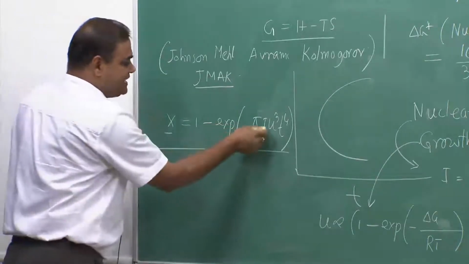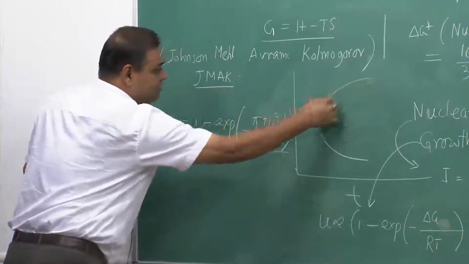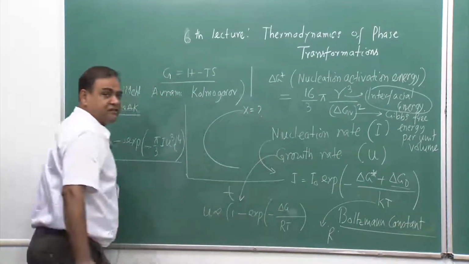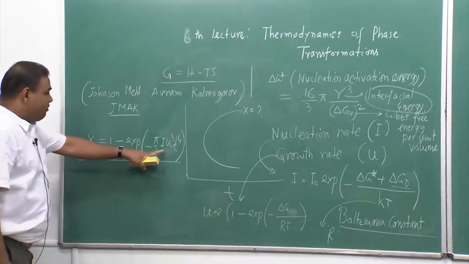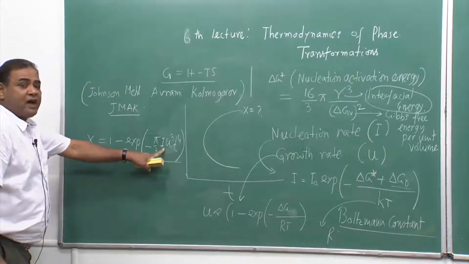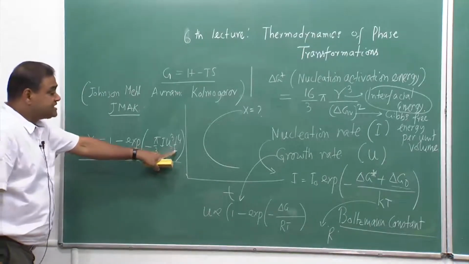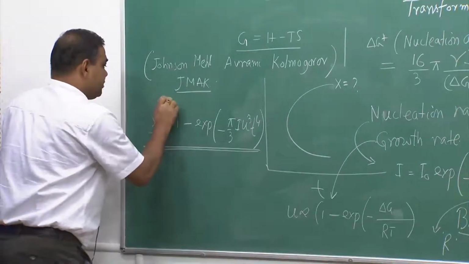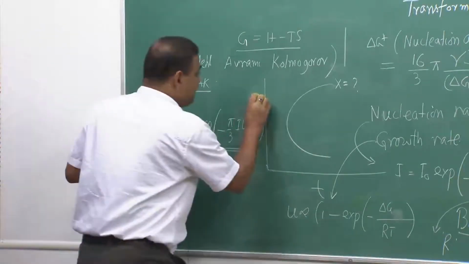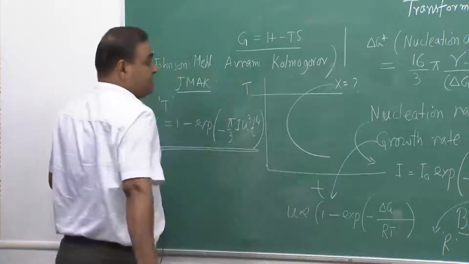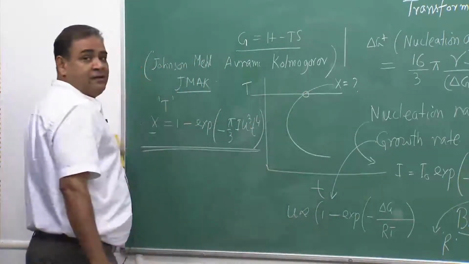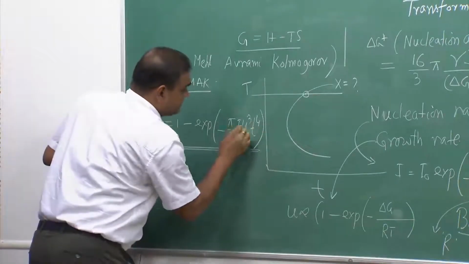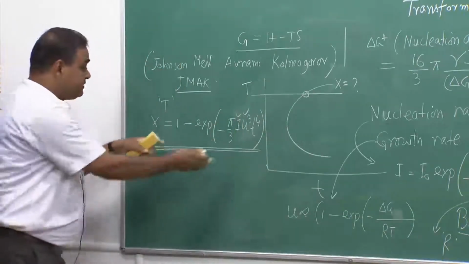This graph is plotted with some X value, and I need to know what my I is, what my u is, and this is the time axis, at some particular temperature T. Now, if I try to find out at this temperature when this point would appear, that would be decided by u and I. So, this is the overall kinetics.